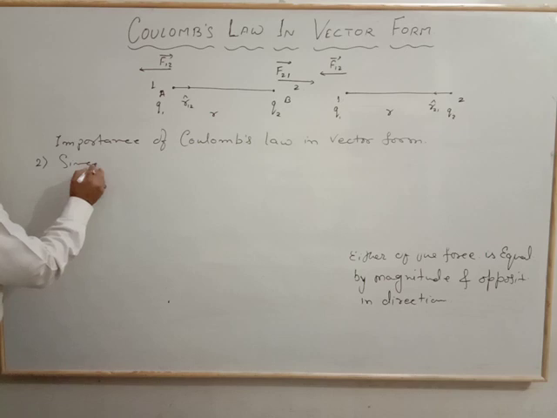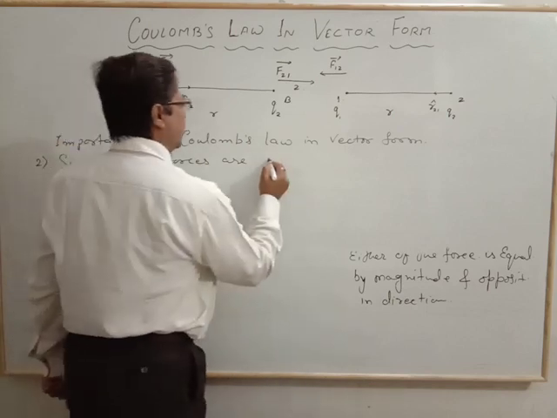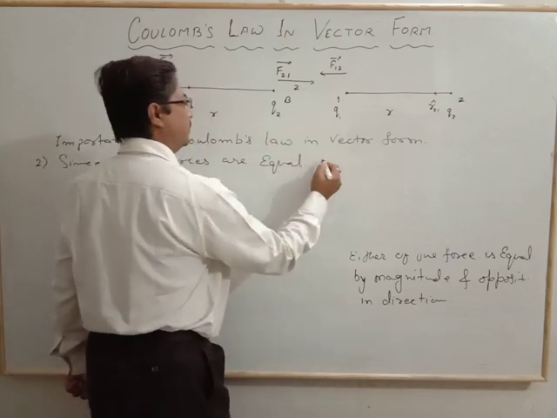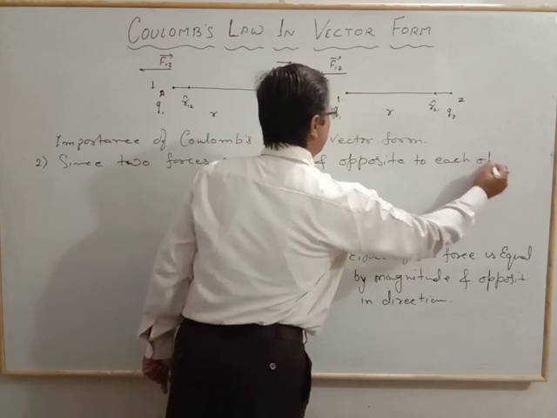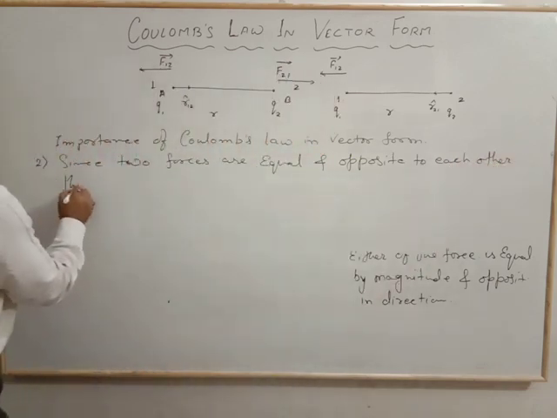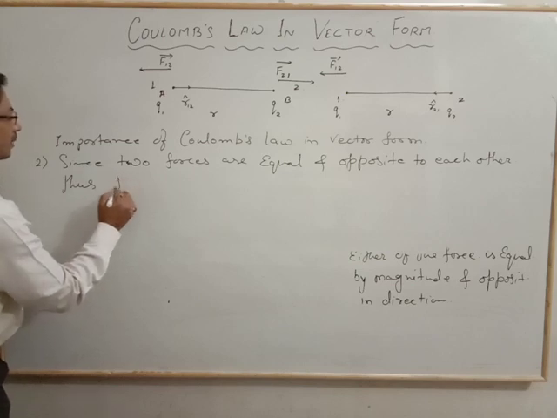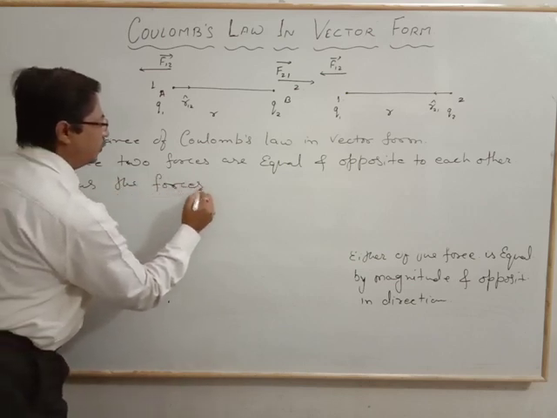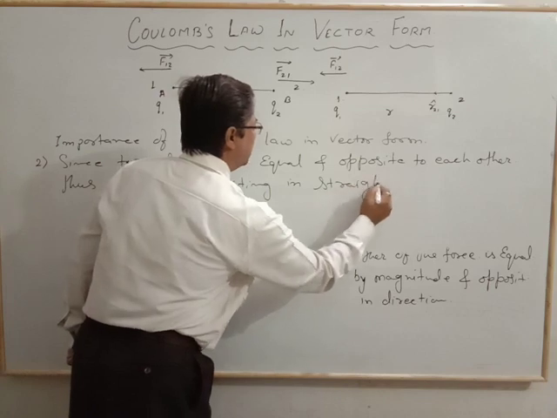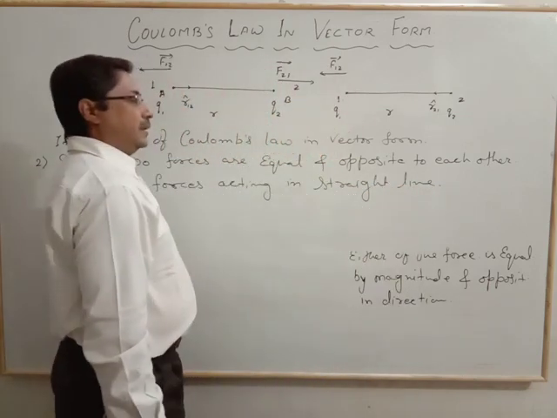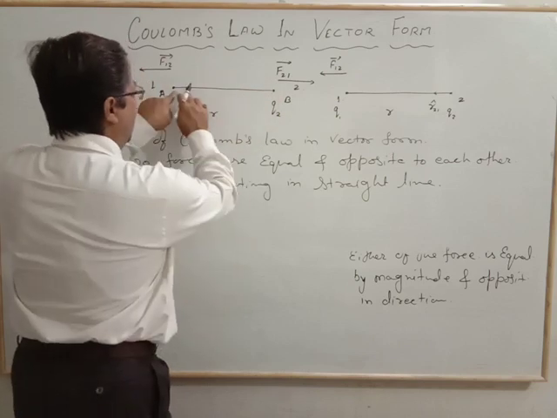Second, since the two forces are equal and opposite to each other, thus the forces act in a straight line, that is, the two forces F12 and F21 are acting in a straight line.